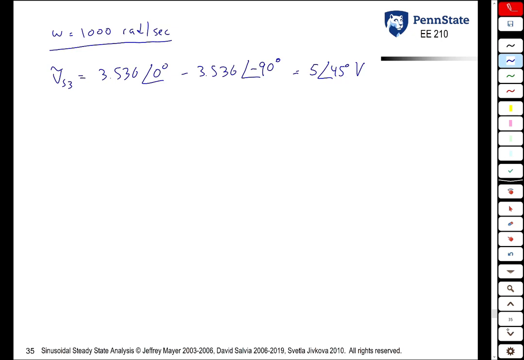In other words, what we're saying is 3.536 cosine of 1,000t minus 3.536 sine of 1,000t happens to equal 5 cosine of 1,000t plus 45 degrees. Anyway, continuing on, what we know is that Vc3 is going to be what?